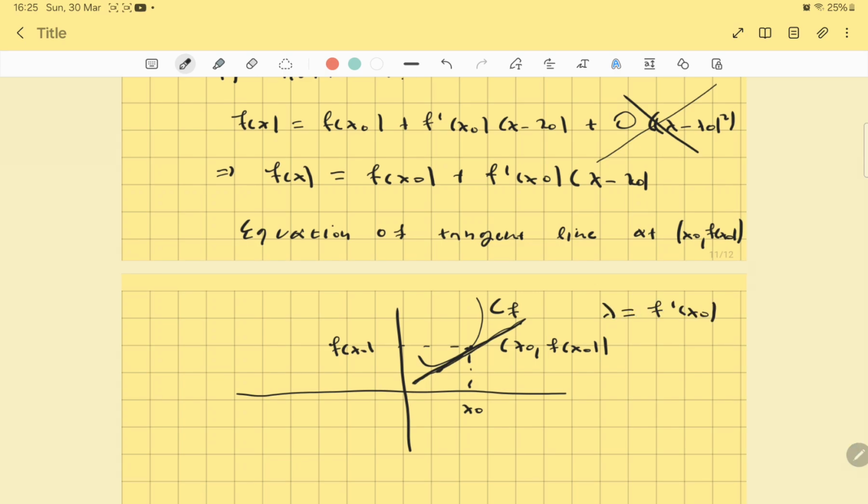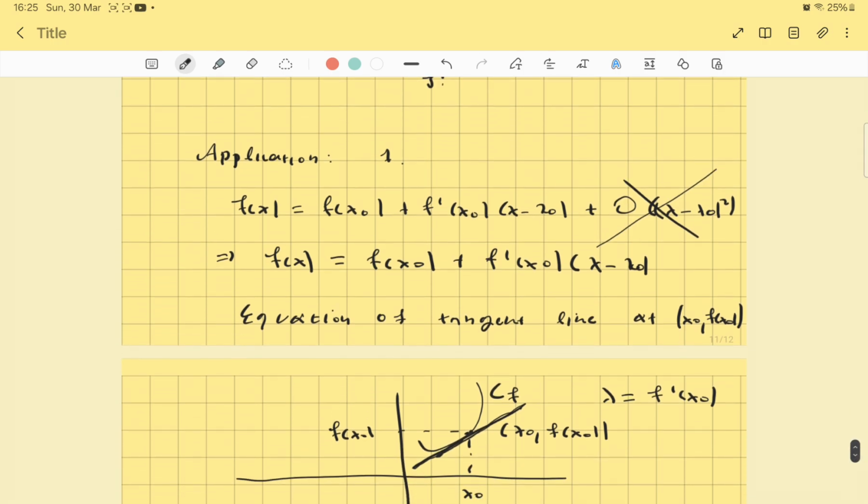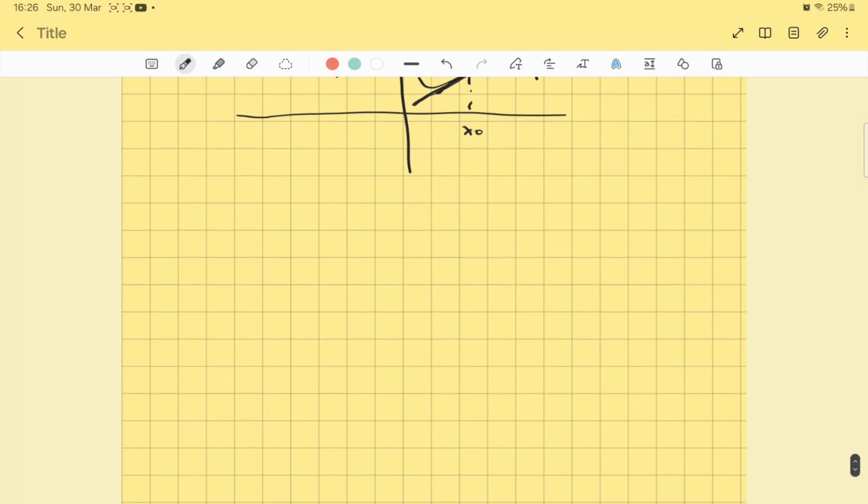So this is one important application. You can see that if you drop the higher order terms in the Taylor series, you can derive the equation of the tangent line from here.